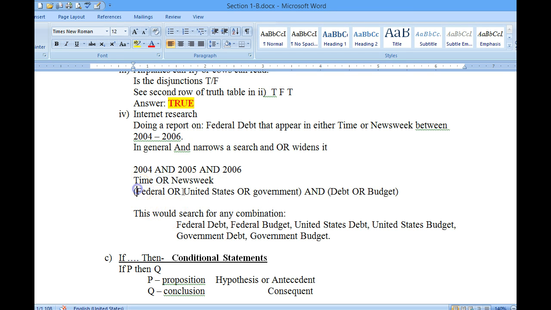Get your parentheses for all of the different titles. I want federal or United States or government. Then I need that combined with a conjunction of debt or budget.